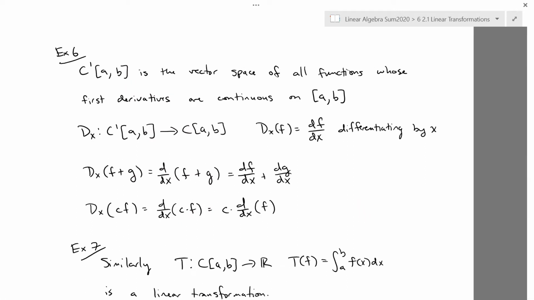Okay, because we know that function spaces can form vector spaces, here we look at some examples from calculus. If we take this vector space, C with a superscript 1 on the interval from a, b, this represents the vector space of all functions whose first derivatives exist and are continuous on the interval from a, b.